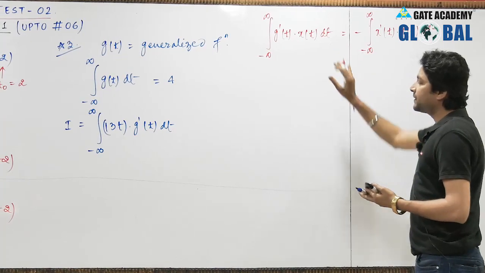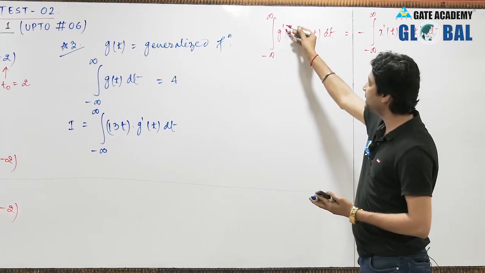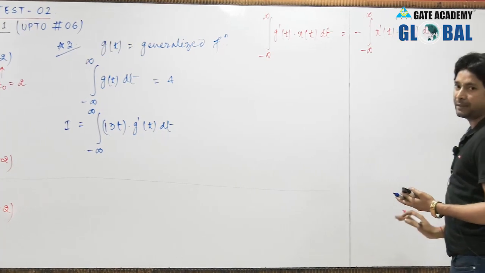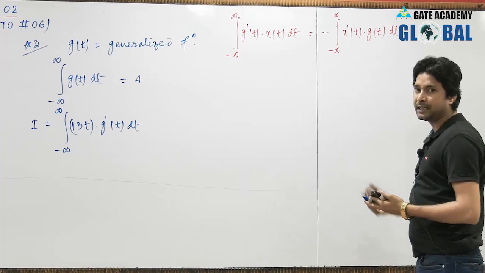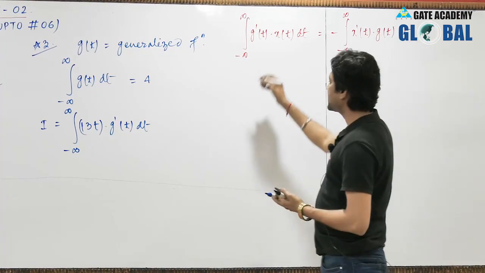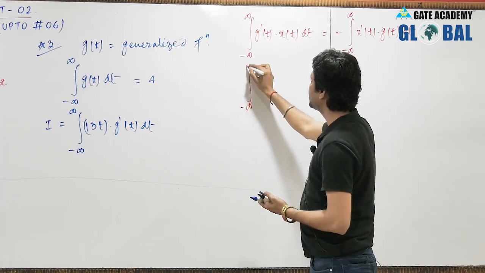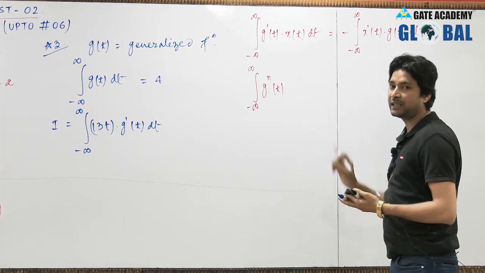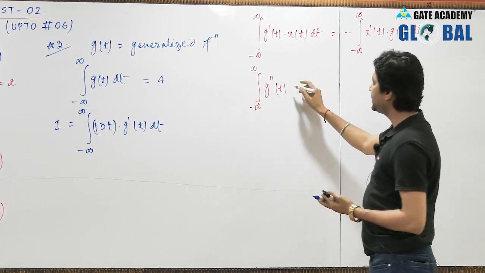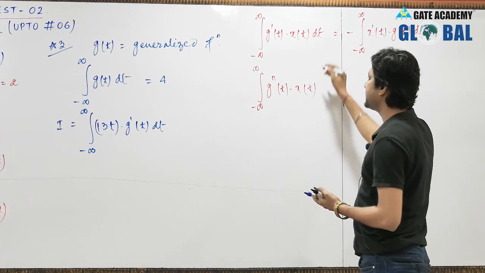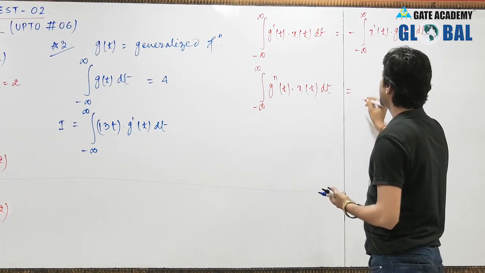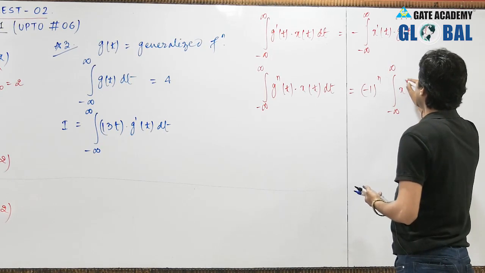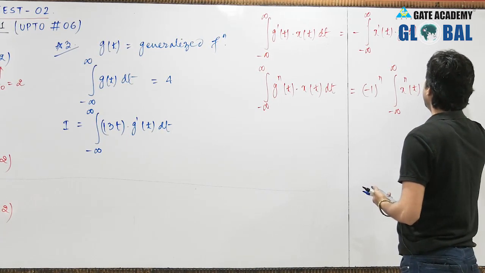If you generalize the result, then for the first order derivative we use one minus sign, and here x of t is differentiated one time only. If you take the general nth order derivative of a generalized function, then from the same result, the integration from minus infinity to infinity of g n of t, where g n of t represents the nth order derivative of the generalized function g of t, into x of t dt, where x of t is continuous at t equals 0, equals minus 1 to the power n times the integration from minus infinity to infinity of x n of t into g of t dt.